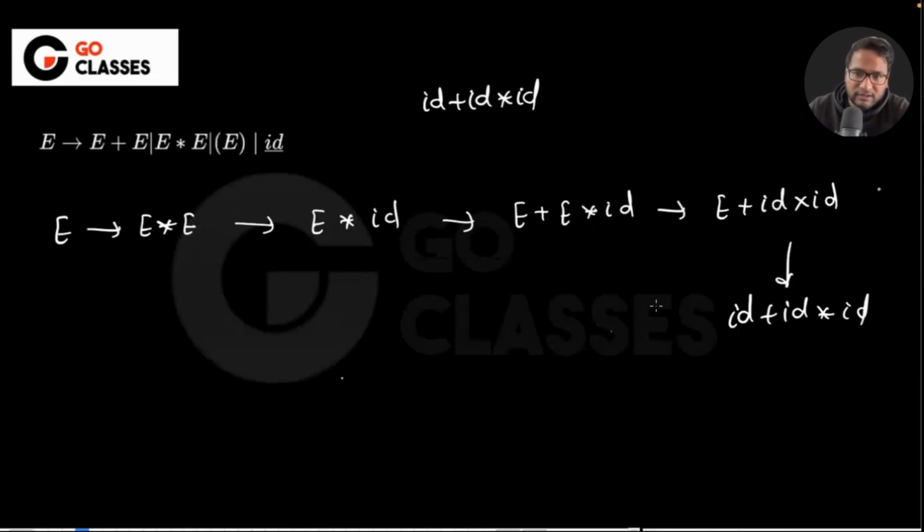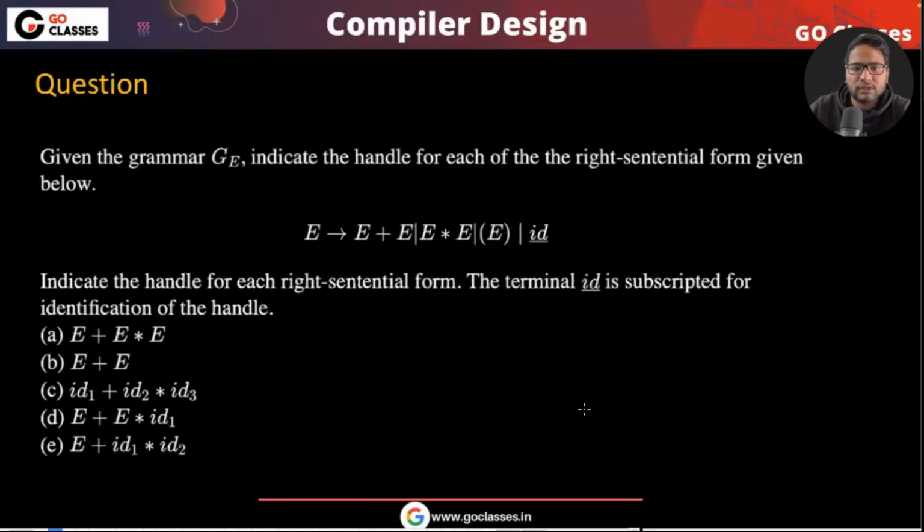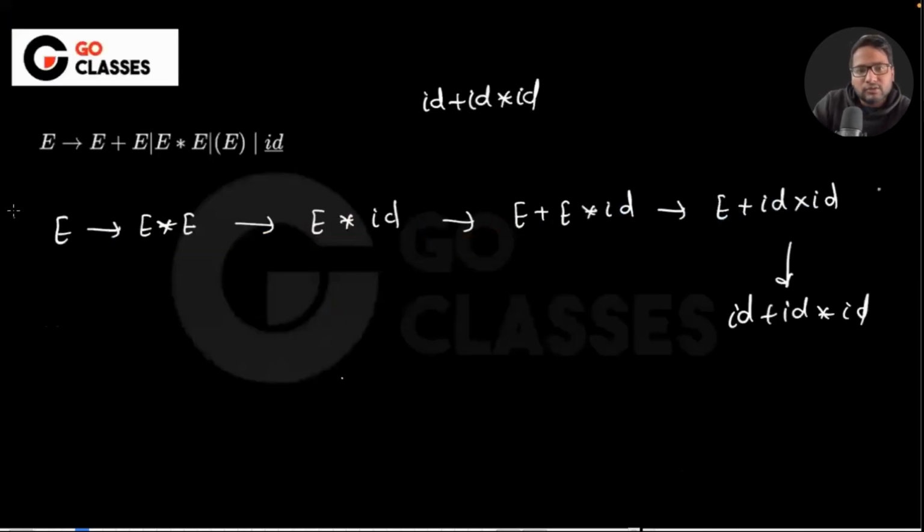So now this is a valid right sentential form, and this is also a valid right sentential form. So both are valid right sentential forms. What do you understand from this example? That if there are multiple right sentential forms, this is one way.